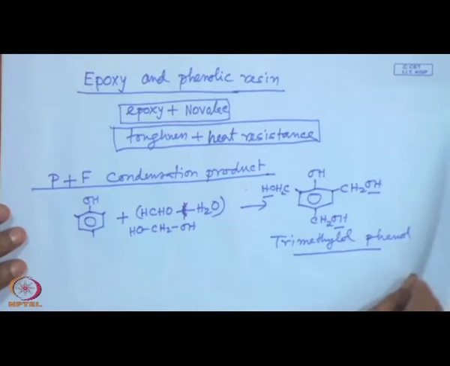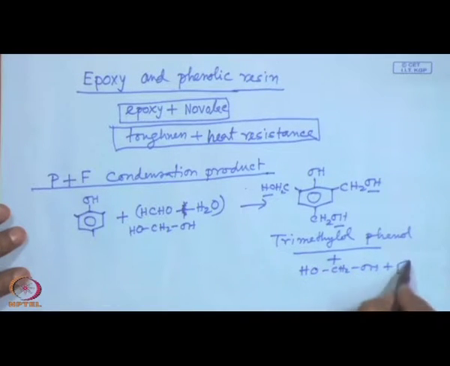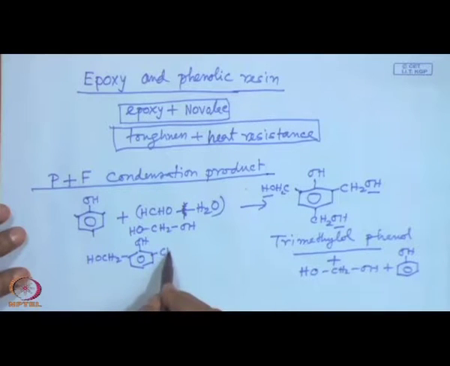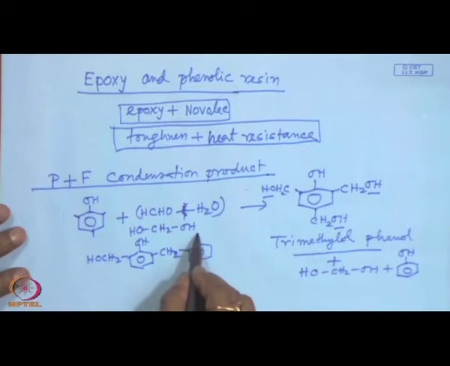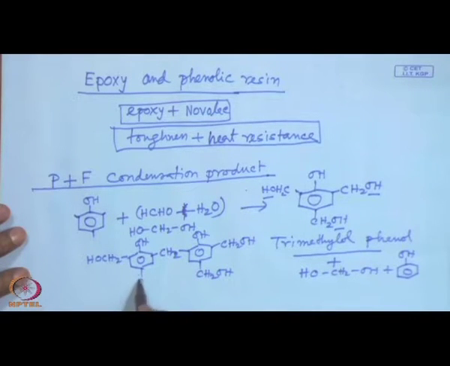When this trimethylol phenol further reacts with this phenol and formaldehyde, gradually this chain length increases, goes on increasing, CH2, it can link up with another phenol unit, this way it continues.